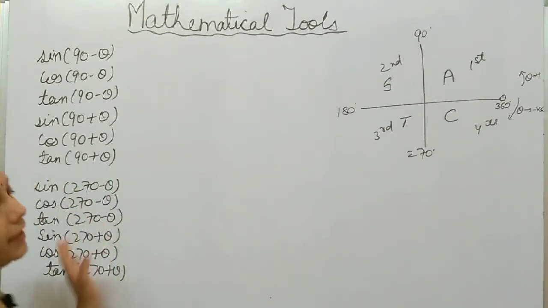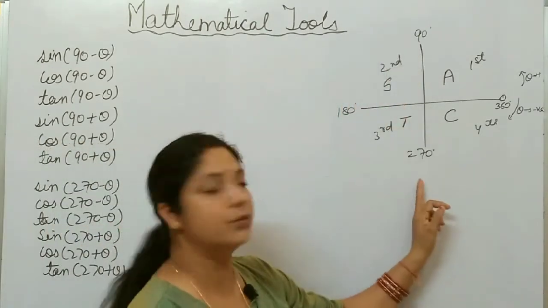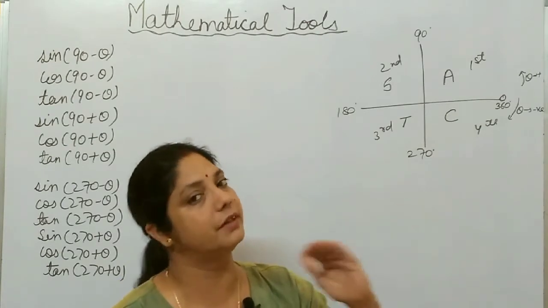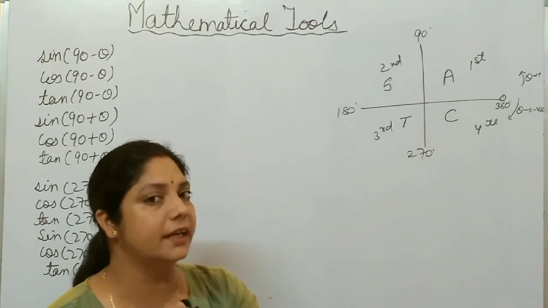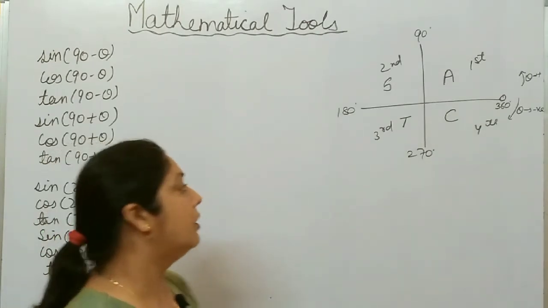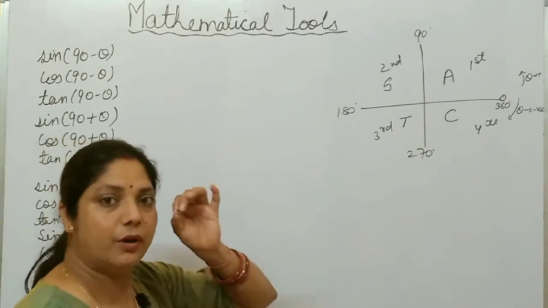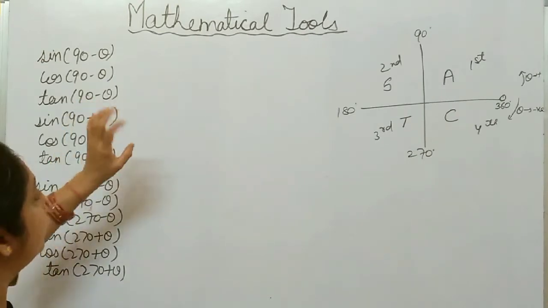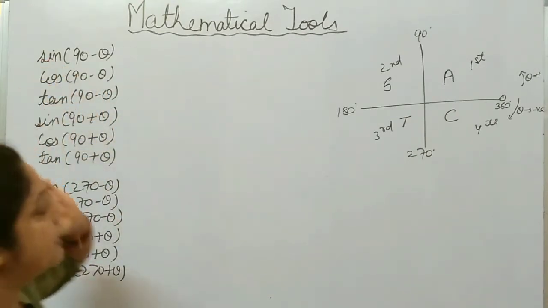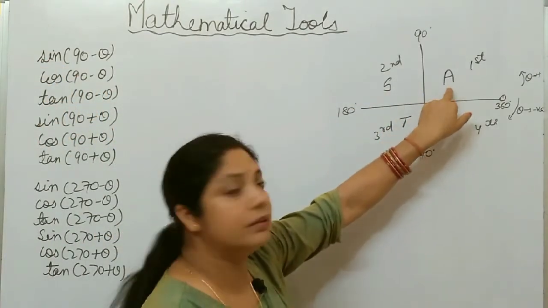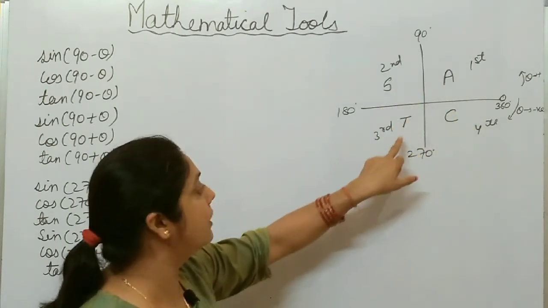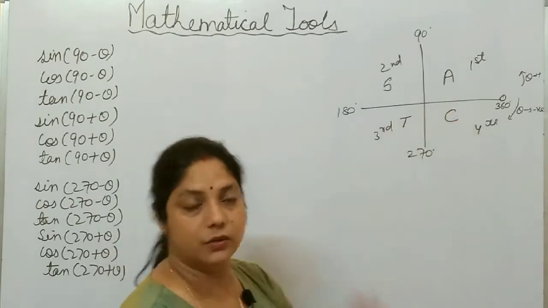For 270 degree also, both 90 and 270 degree, sine becomes cos, either 270 minus theta or 270 plus theta, cos becomes sine and tan becomes cot. Now if you remember these points, you can easily remember all these formulas. You only have to remember that in the first quadrant all trigonometric ratios are positive, in the second only sine is positive, in the third only tan is positive, in the fourth only cos is positive.